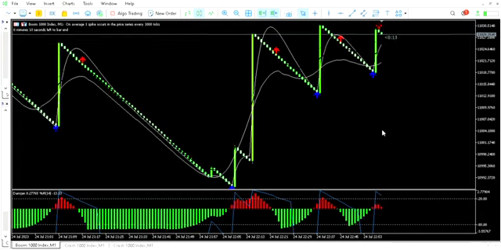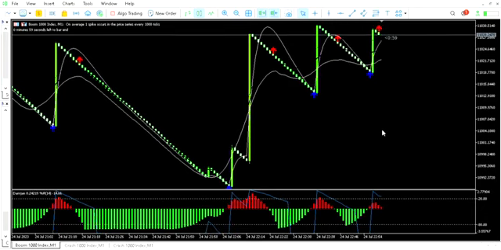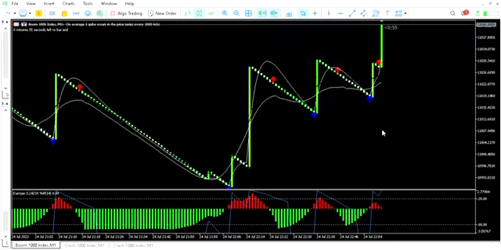Alright guys, I hope you'll get to see that it's so easy to trade Forex. This is actually the simplest thing to be trading. It's so simple, this setup. I can help you with the setup within an hour and you'll be ready to go.